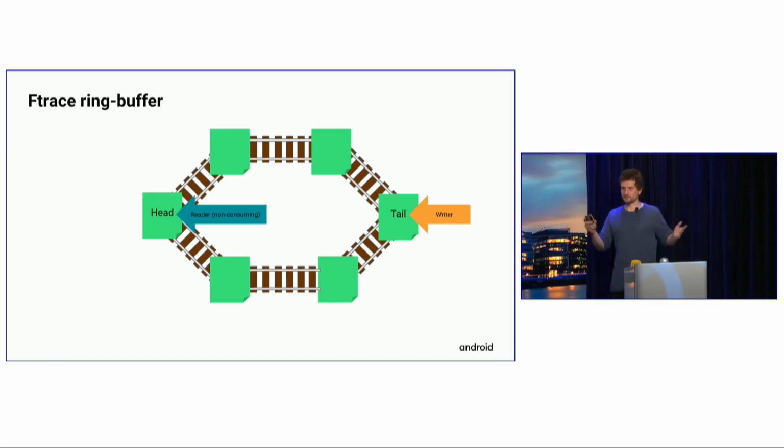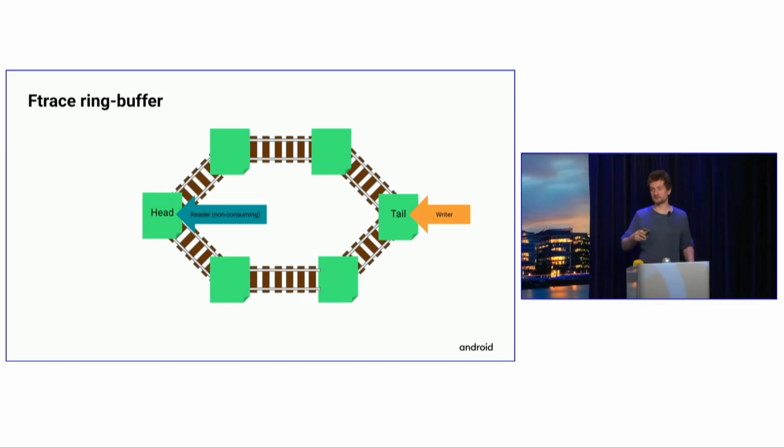So, simple ring buffer: you have a writer, which acts like a train, you cannot stop, and you have a reader. In the first reading mode, a non-consuming mode, you just start at the head, you read until you reach the writer. All good. If the writer catches you, though, you're just going to bail out. You cannot be sure that your data will not be corrupted.